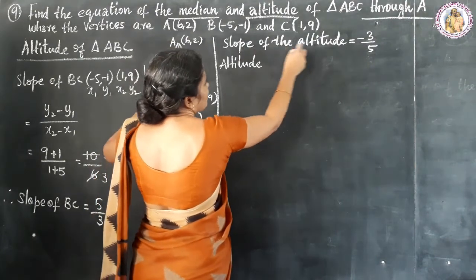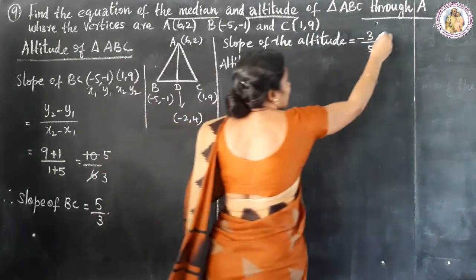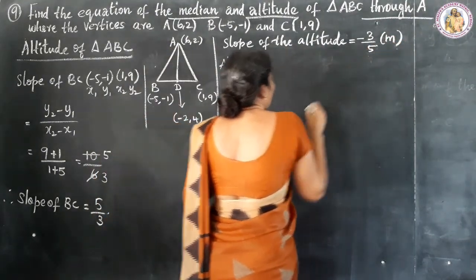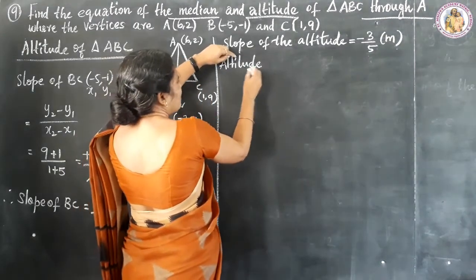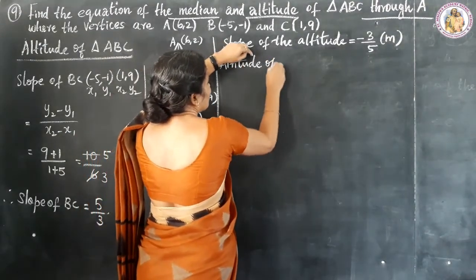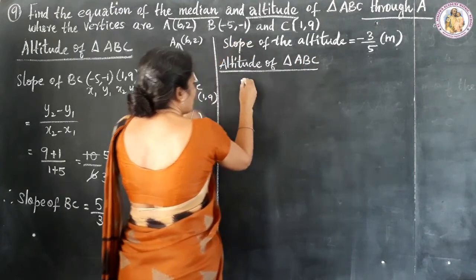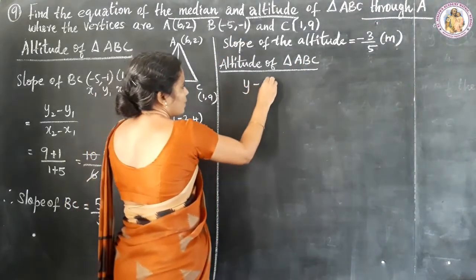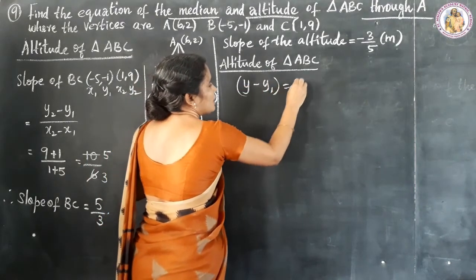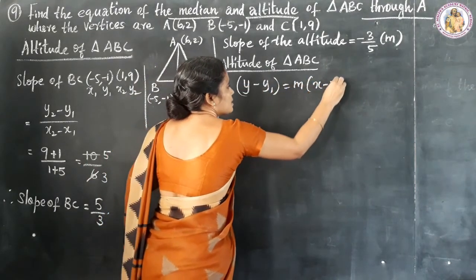When the point and slope m are given, y minus y1 is equal to m times (x minus x1).